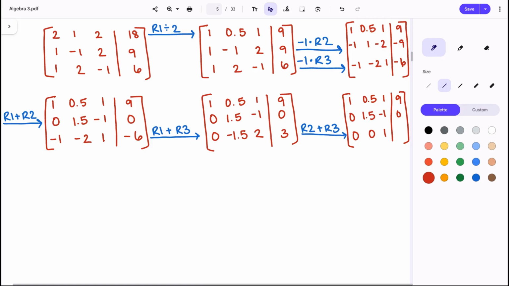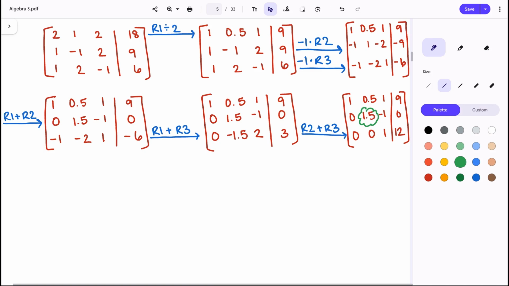And 9 plus 3 would be 12. Okay? Last thing I need to do is, I have zeros everywhere that I need them. I need 1s in my diagonal. So I've got a 1.5 here. This is really the only thing I need to focus on, getting it back to just a 1.